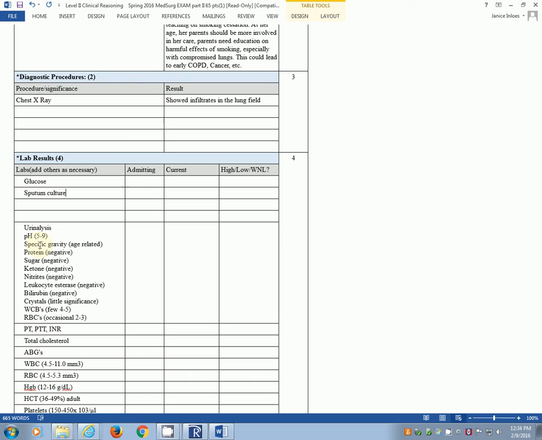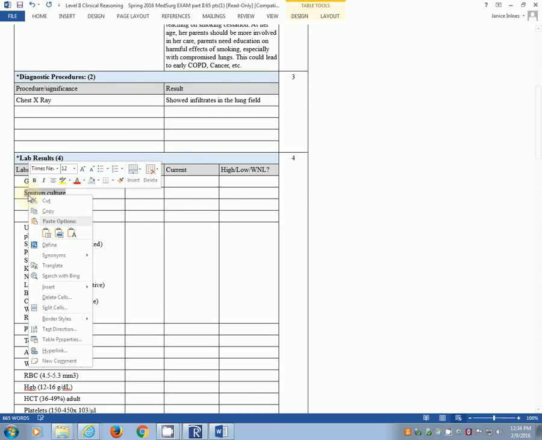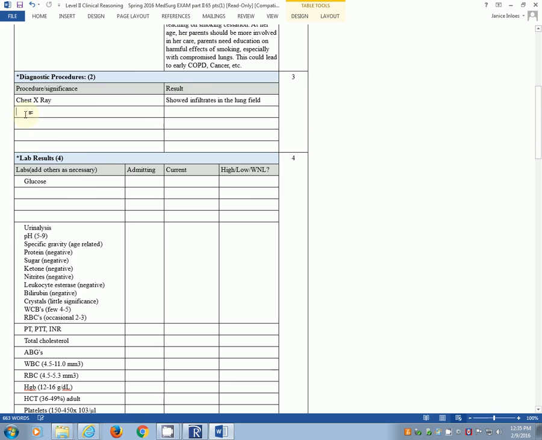Actually, I think our sputum culture should go up here, because we are looking for a specific result rather than a running level.